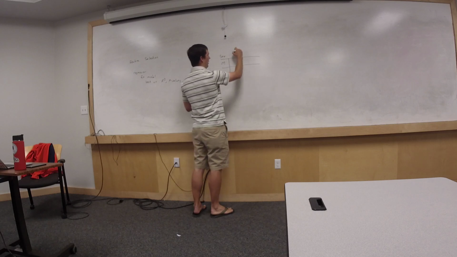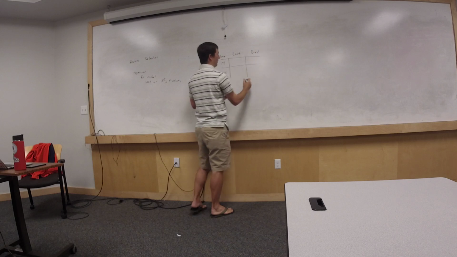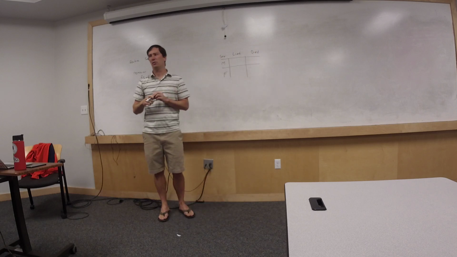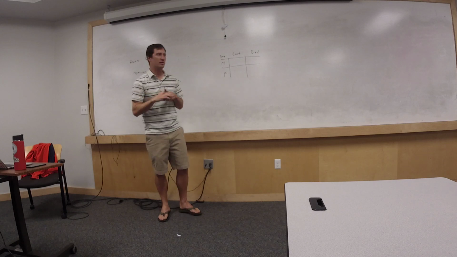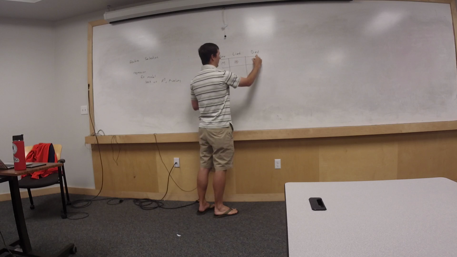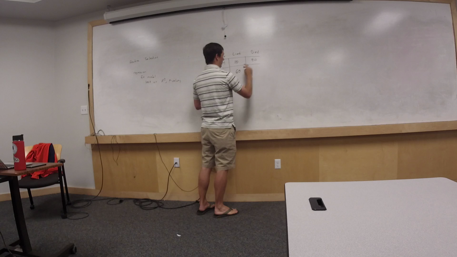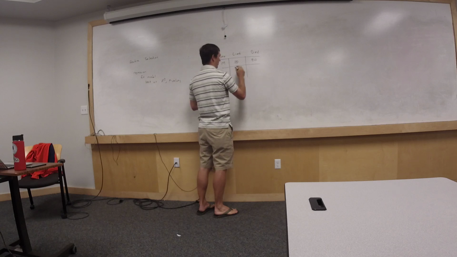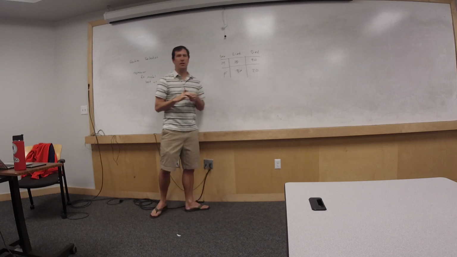For the men and women, we are just going to do some crosstabs on who lived and who died based on sex. Okay. So let's say for the men, we had 10 live and 90 died. For the women, we had, let's say, 30 and 20.